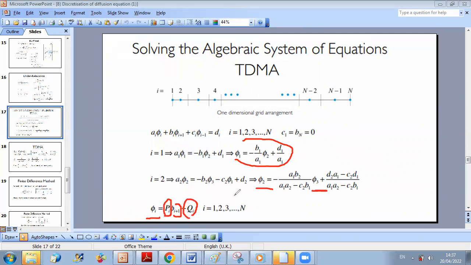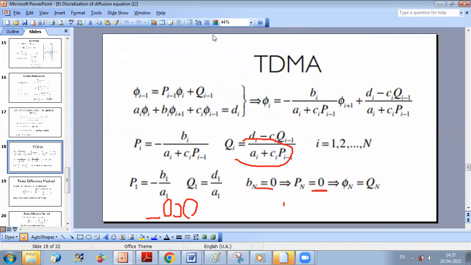And if I want to get a general expression of phi i plus 1 function of phi i plus 2, I can say for any cell I will do the following. First, I will express phi i minus 1 function of phi i. And then for the next cell, this expression is for which cell? This is for cell i.